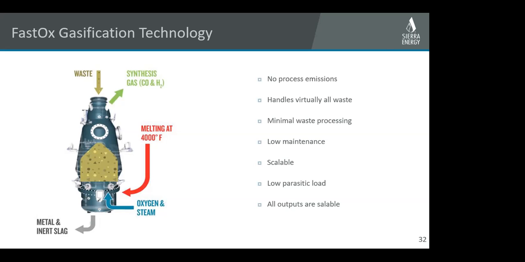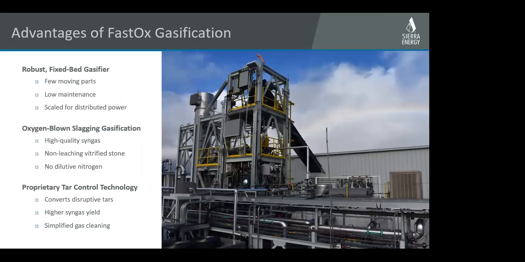The parasitic load in our case is creating the oxygen, and the parasitic load is roughly 20%. So very effective. And you end up with 100% of what you put in coming out as a saleable product, either a gas, carbon monoxide and hydrogen, or liquid metal or slag. So you end up with an ability to recycle everything.